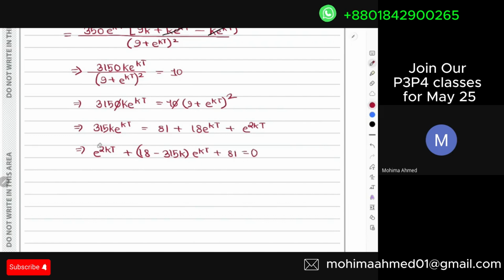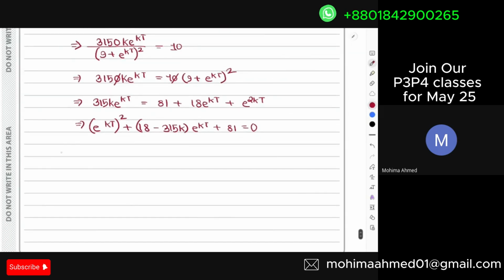As you can see, now this is a whole square part. This is a EKT and this is a constant. This is exactly in a quadratic equation. If this is exactly in a quadratic equation, that means you can use the formula method to find out the value for exponential. So for the formula method, we basically get the formula method for EKT.